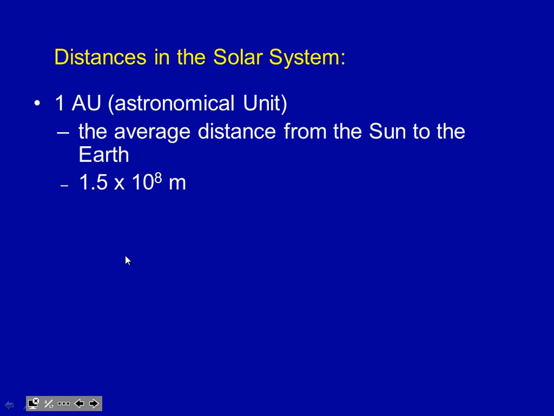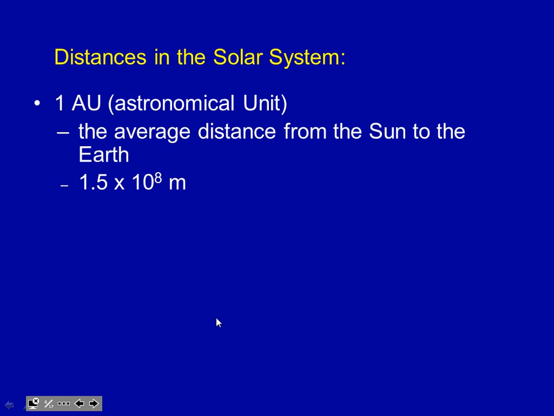So, how do we measure distances in the solar system? We could do it with meters, but we would have millions and millions of meters, 10 to the 6, 10 to the 7, over and over again. So scientists have defined a special unit. We call it 1 astronomical unit. It is essentially the average distance from the sun to the Earth. So we call that 1 AU.